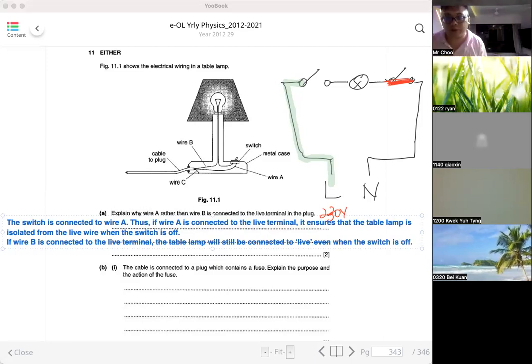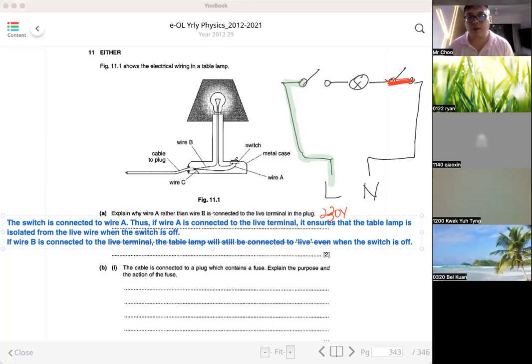Let me read Hao Ray's answer. Hao Ray, can you rephrase it? Your live wire will no longer be connected to the lamp.